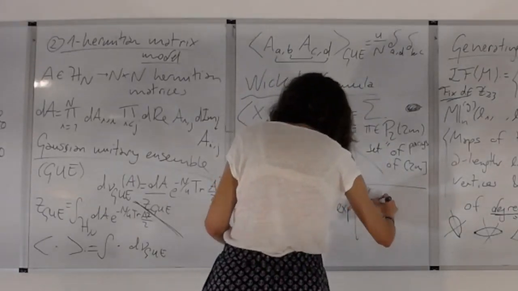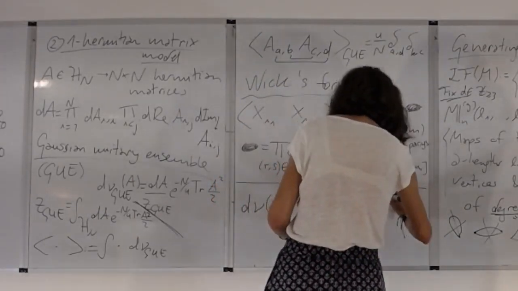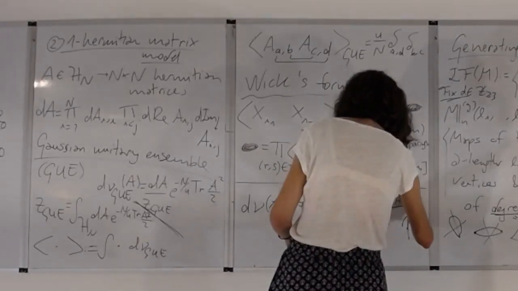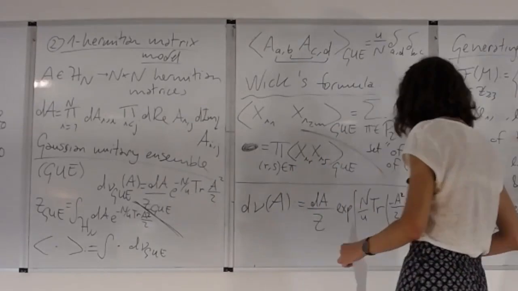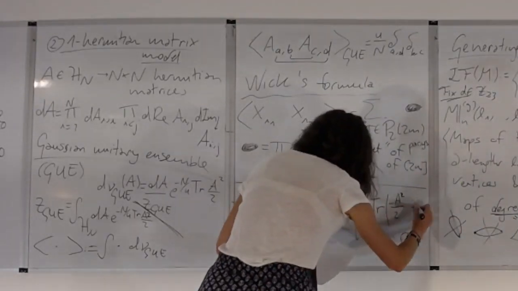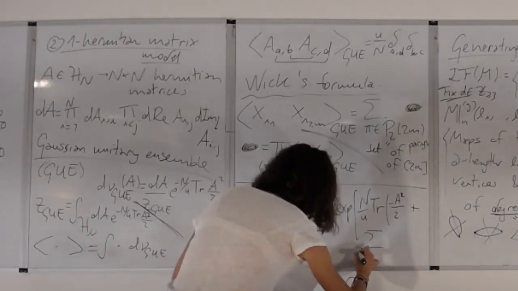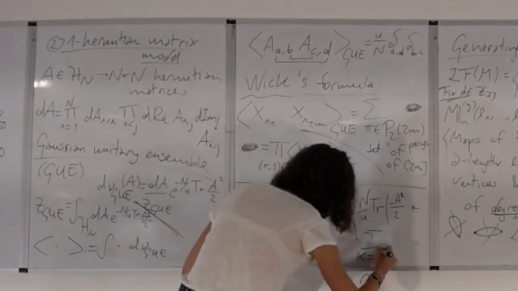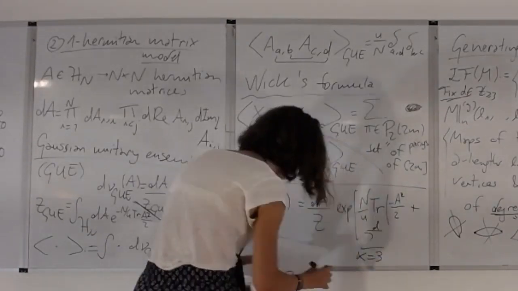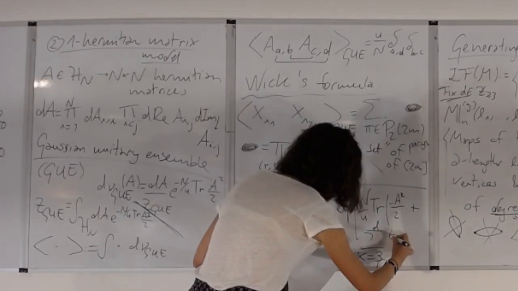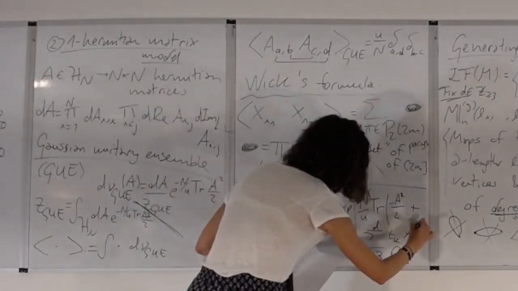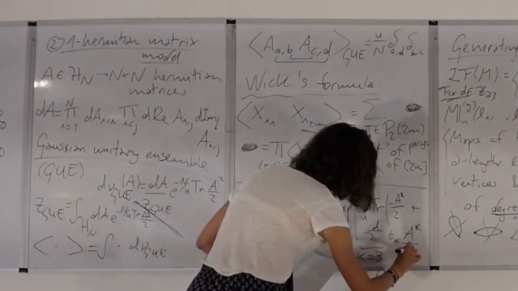So here we take exponential of minus N over U times the trace of the Gaussian term, A squared over 2, plus the sum from k equals 3 to d of t_k, and t_k will be the same as the t_k's in that formula, A to the k over k.